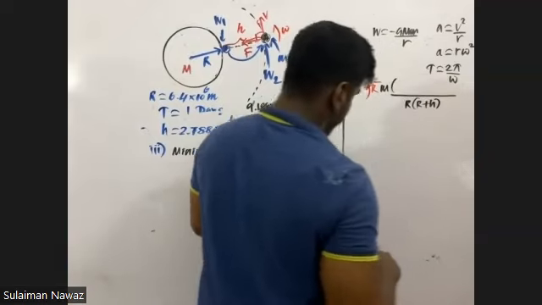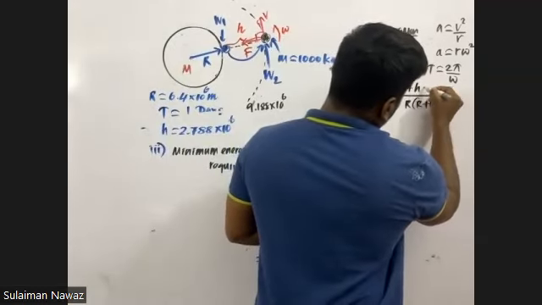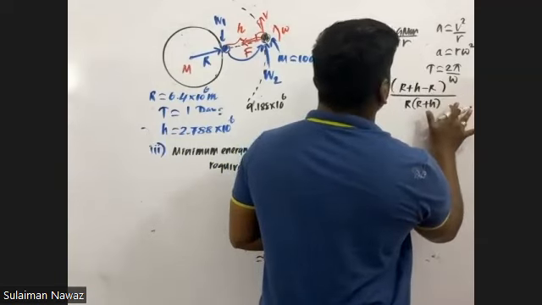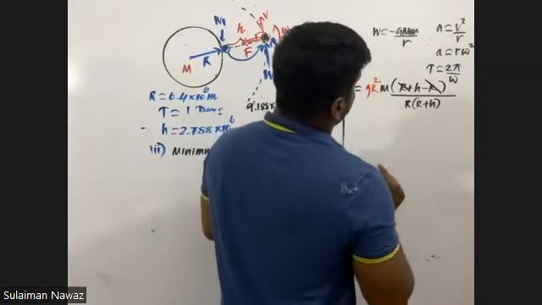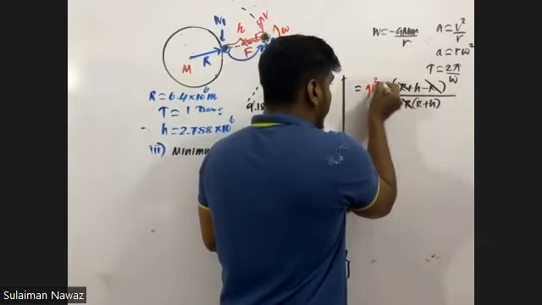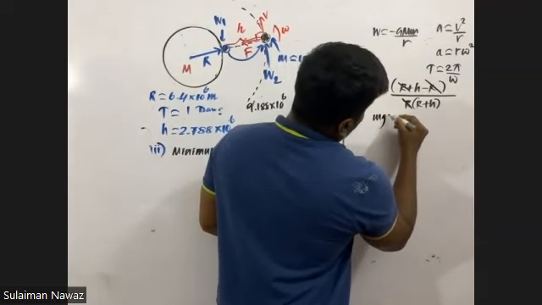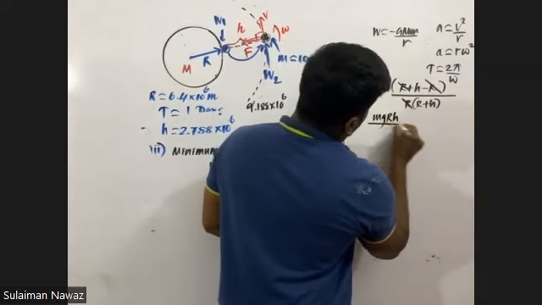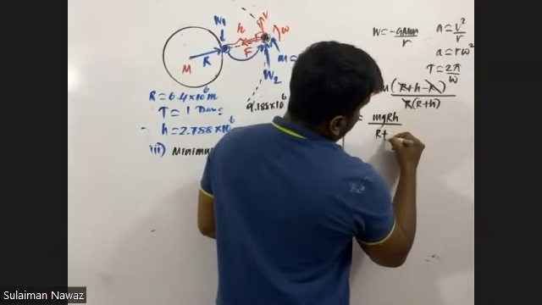Here, R plus h minus R, R cancels out. Then we get something like this. We get one capital R cancelling out. Then we are getting mgRh over R plus h.